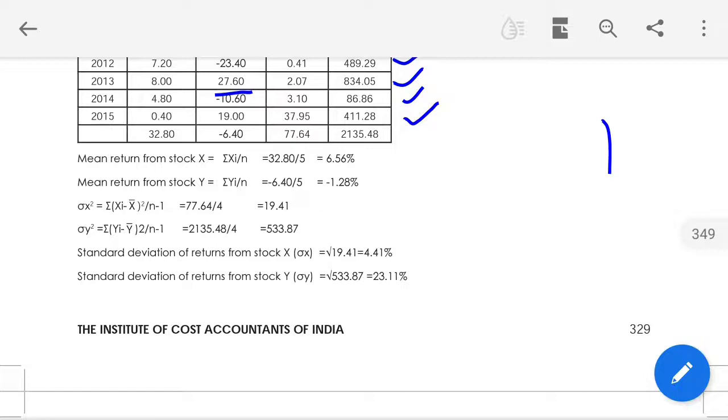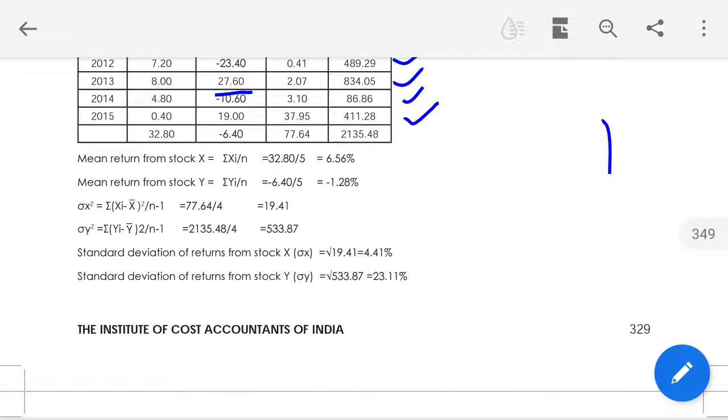The square root of variation becomes the standard deviation. To calculate standard deviation, we need to calculate variation. Variation is represented with sigma x square. Sigma x square is equal to the summation of xi minus x mean whole square divided by n minus 1. N minus 1 represents the number of years minus 1.